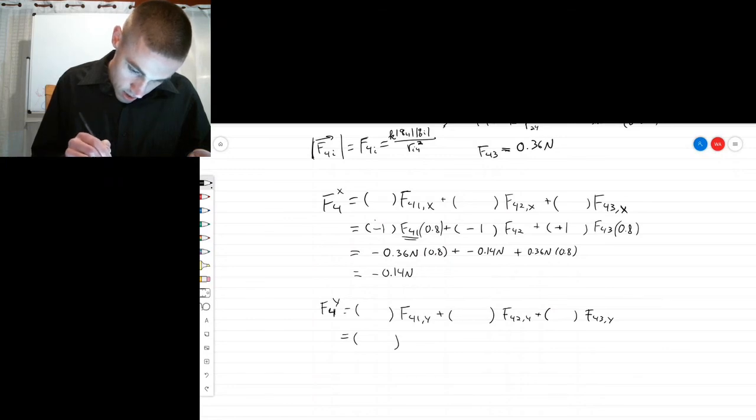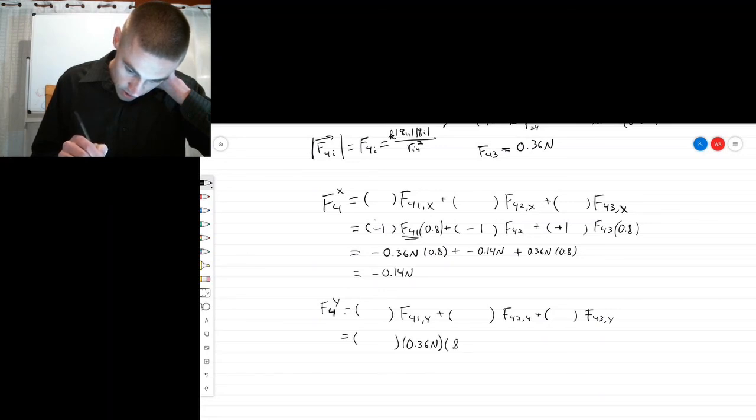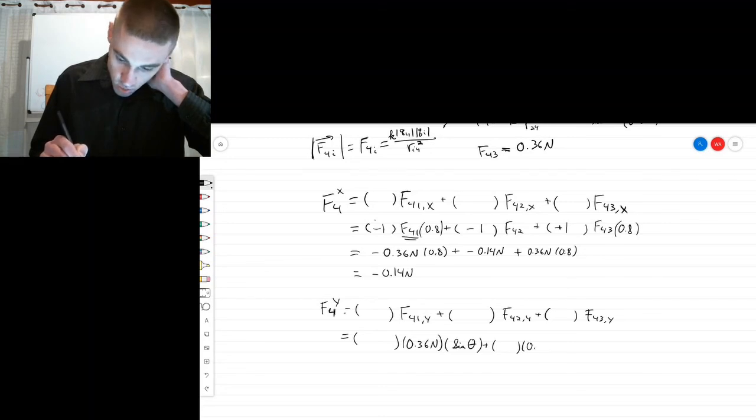In other words, putting the numbers in straight away, 0.36 newtons times sine theta this time, rather than cosine theta, plus that same prefactor times F42, which is 0.14 newtons, times, if you remember, the y component of F42 is actually 0.